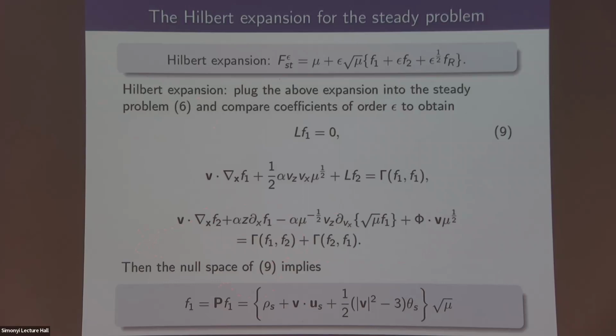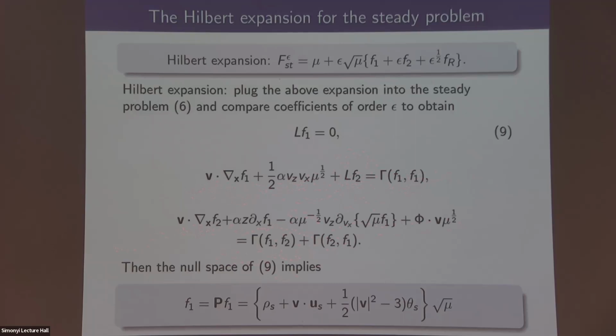Okay, so you plug the expansion into the steady problem and compare coefficients, and the first coefficient is L F1 equals 0. The second one involves only F1 and F2. So you have L F2 here, and then everything else is either independent of F or it only depends on F1. And then you have this equation down here, which depends on F2 and F1 and nothing else.